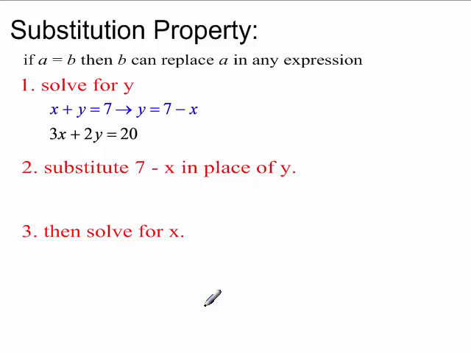Substitution. We've got two different equations here: x plus y is equal to 7, and 3x plus 2y is equal to 20. If you take the top equation and subtract x from both sides, you get y is equal to 7 minus x.